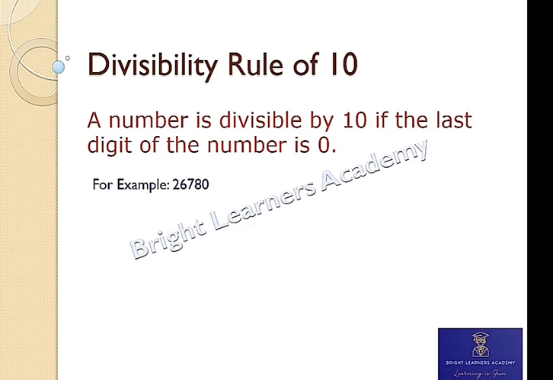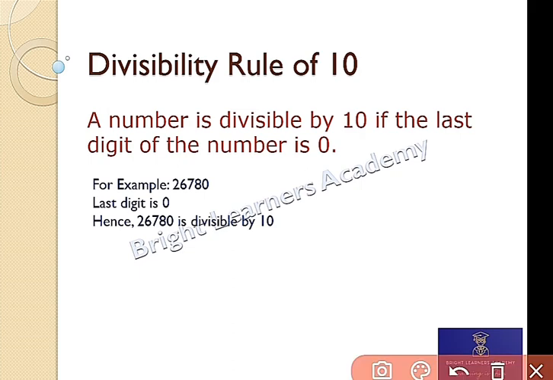So the last digit here is 0. It means this number is divisible by 10. We have to just focus on the last digit.